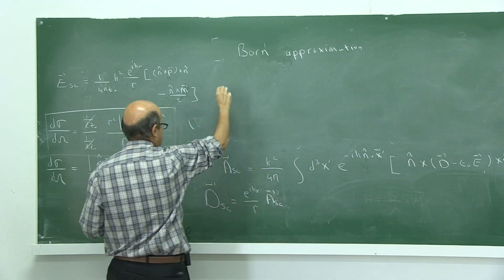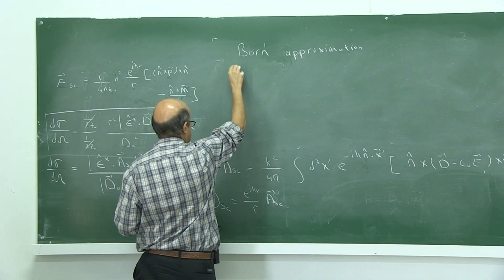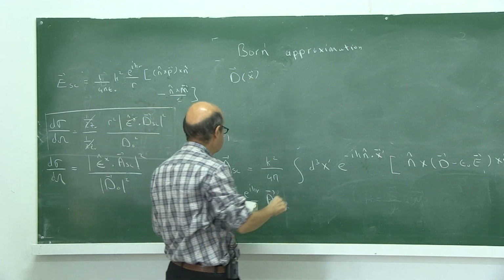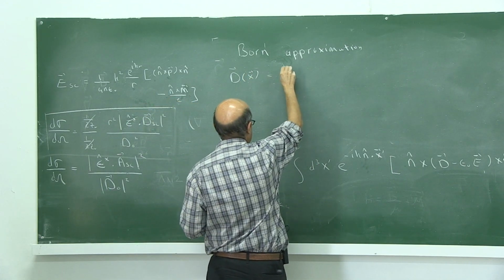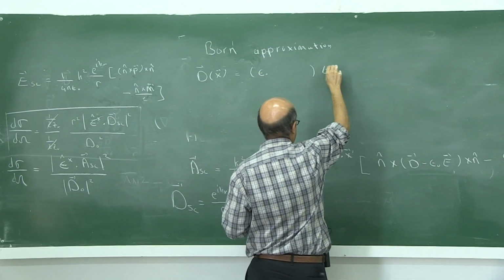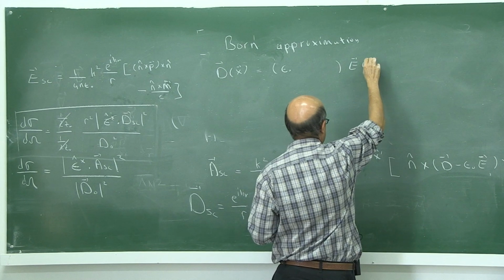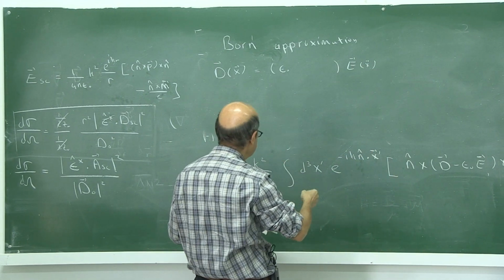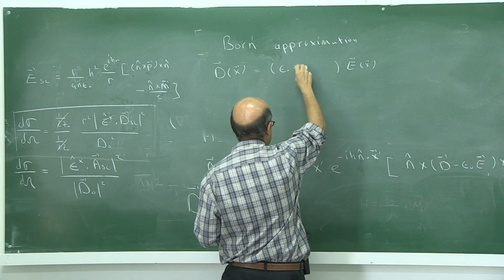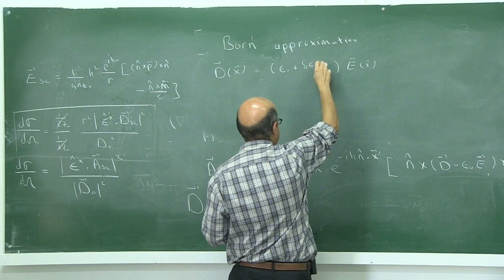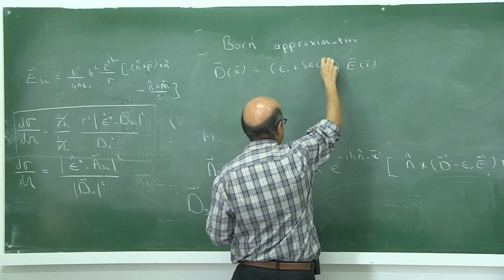So suppose that the position dependent electric displacement is nothing but epsilon 0 times the electric field plus some perturbation in the medium, and that perturbation could be introduced as a variation in the dielectric constant as a function of x.